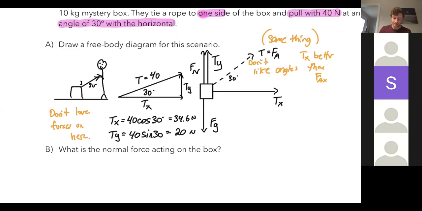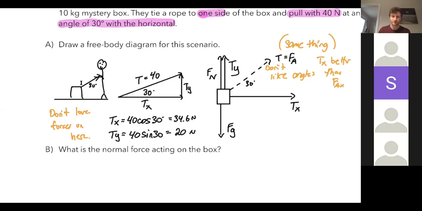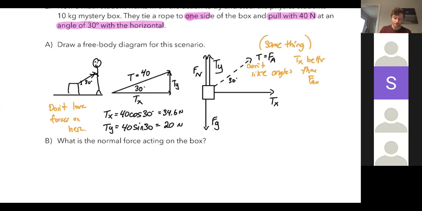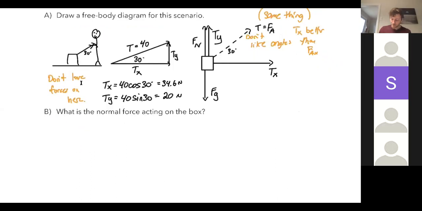This right here is beautiful. Now, what's the normal force on the box? From this free body diagram, we need our net force equations.